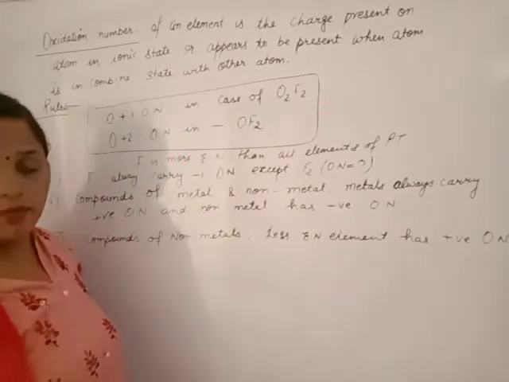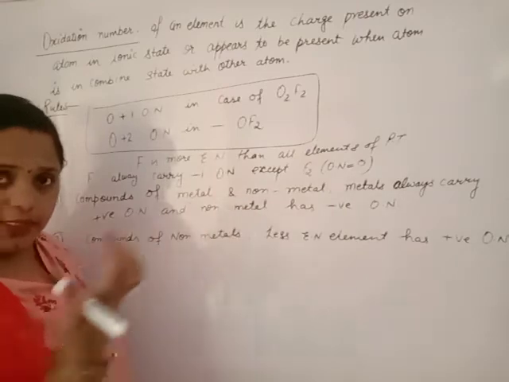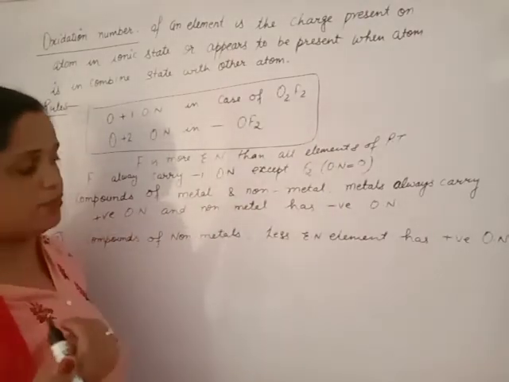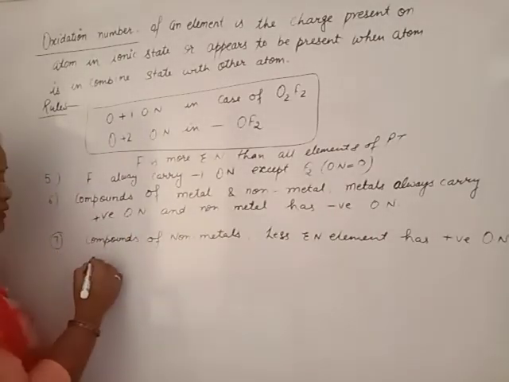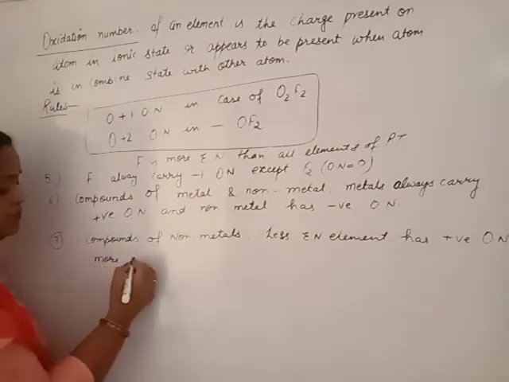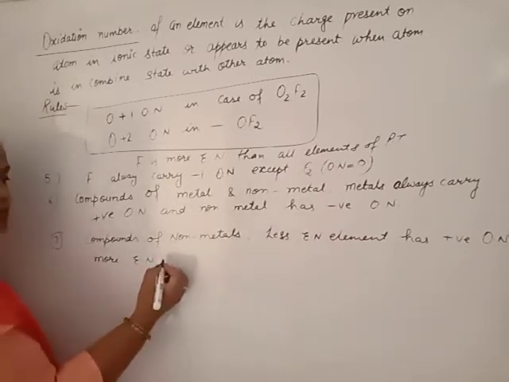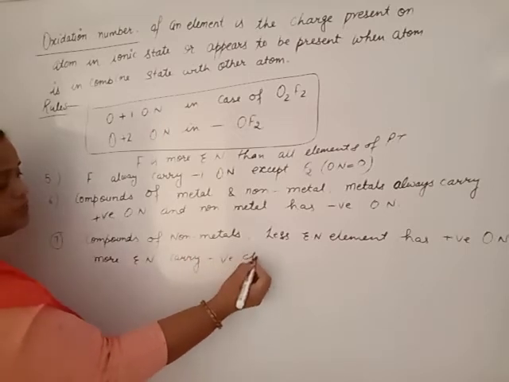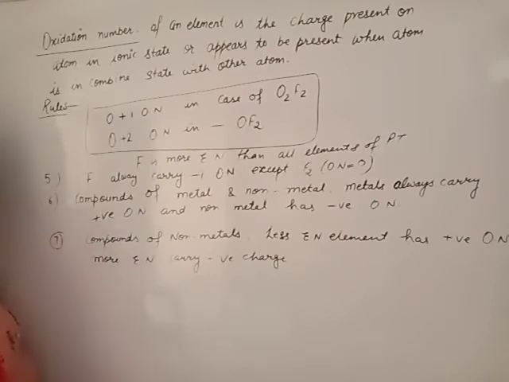Less electronegative means tendency to lose electron; more electronegative, tendency to gain electron. By loss of electron, positive charge. By gain of electron, negative charge. The less electronegative atom carries positive charge, and the more electronegative atom, which has tendency to accept electron, carries negative charge or negative oxidation state.